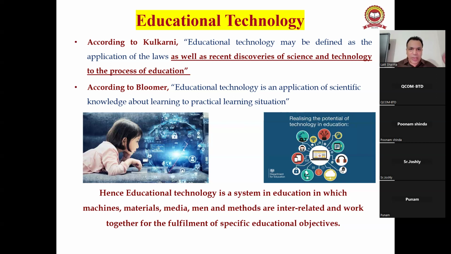Once you learn it and write it, you get very good marks. Bloomer has said educational technology is an application of scientific knowledge about learning to the practical learning situation. Right?